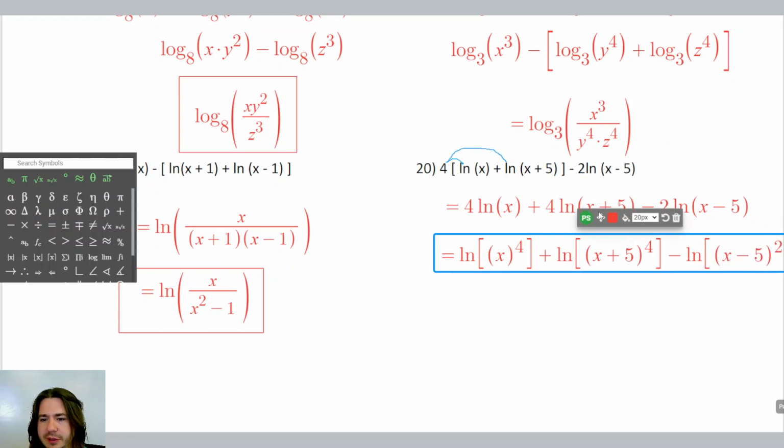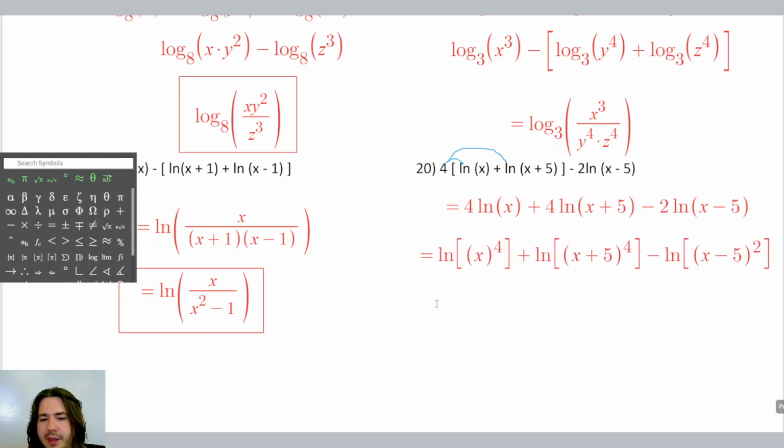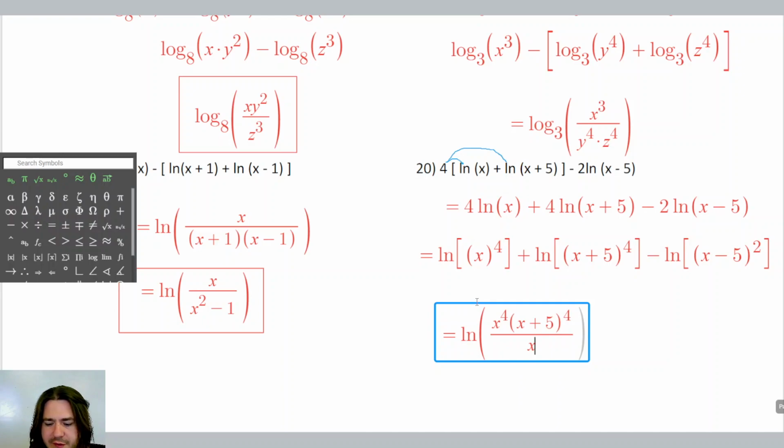So let's wrap this up. We got natural log of x to the 4th times x plus 5 to the 4th, and I'm not going to make you multiply that out. We can just leave that there, all divided by x minus 5 squared.